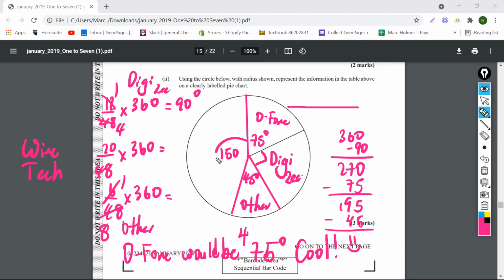So the last section, which is 150 degrees, is for the Wiretech. And that would be the pie chart, guys. This would be perfect, actually. Yep, this would be perfect how I drew it. It looks good to me.